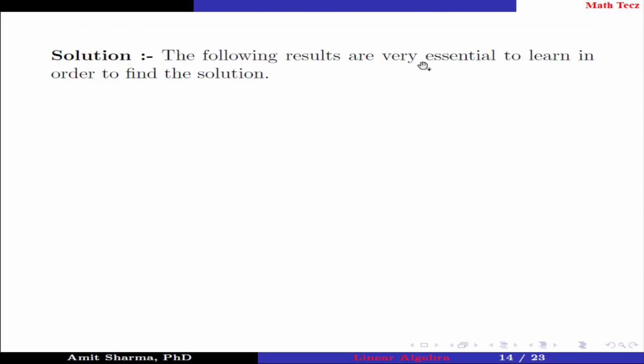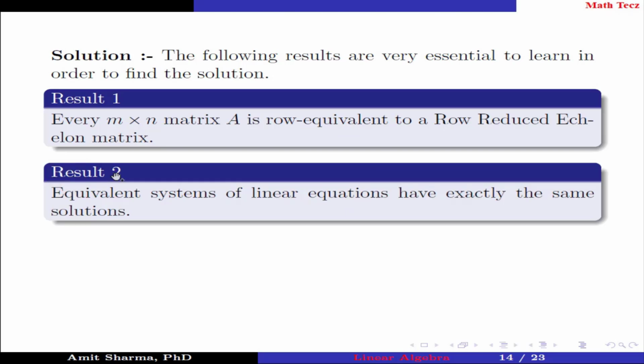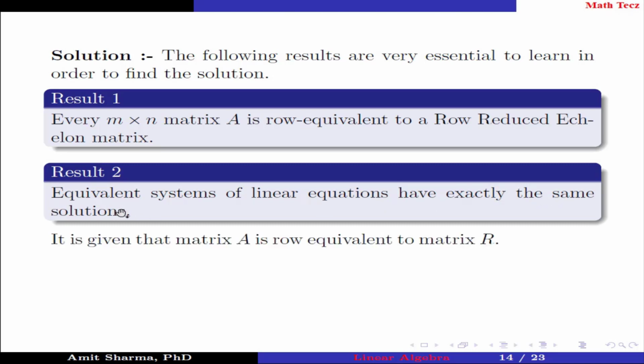The following results are very essential to learn in order to find the solution. Result number 1. Every m cross n matrix A is row equivalent to a row reduced echelon matrix. Result number 2. Equivalent systems of linear equations have exactly the same solutions.